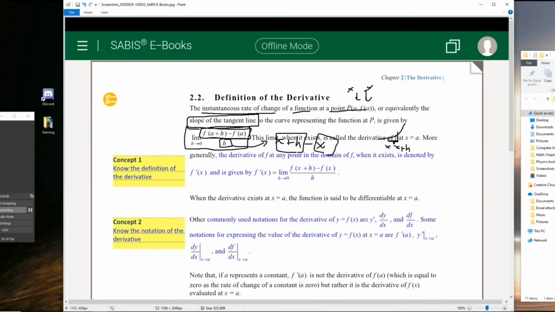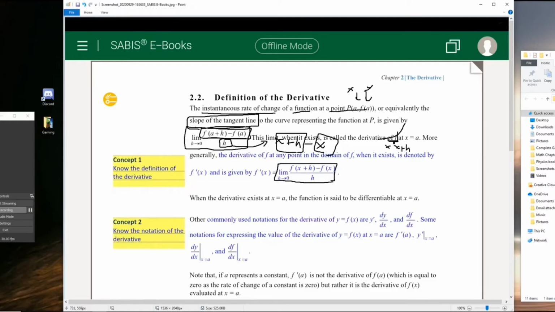So when you subtract them to get the change, you do x plus h minus x, so you get h. And so change of ordinates over change of abscissas is the same thing as, for example, distance over something, or displacement in the y over displacement in the x. So that's how we get the slope, which we call here the derivative. So this is the formal definition.